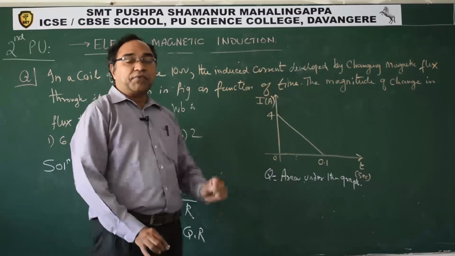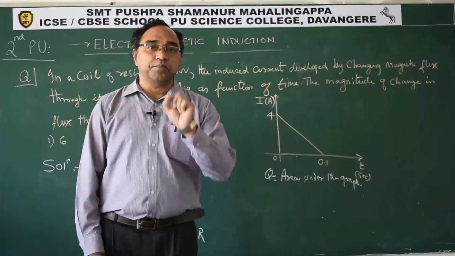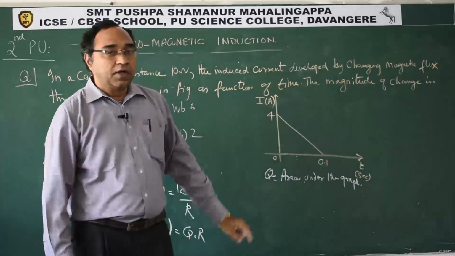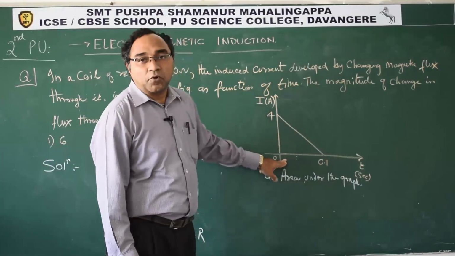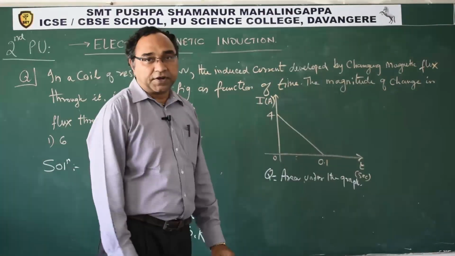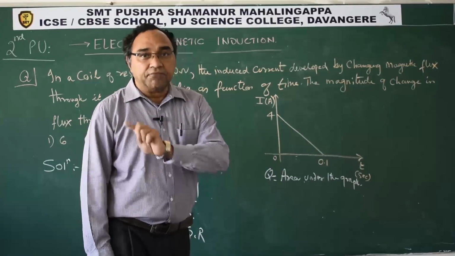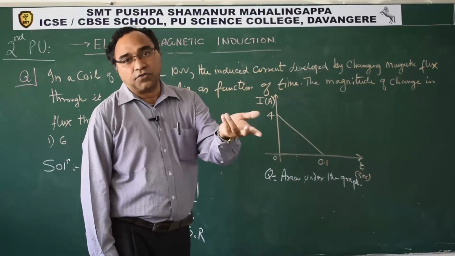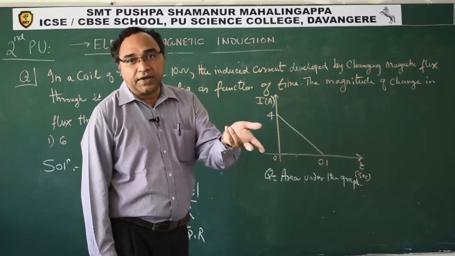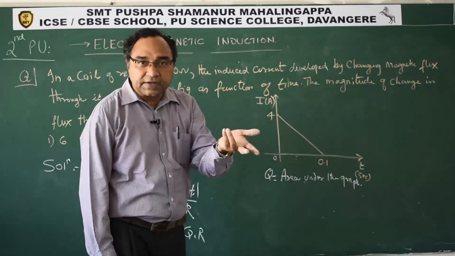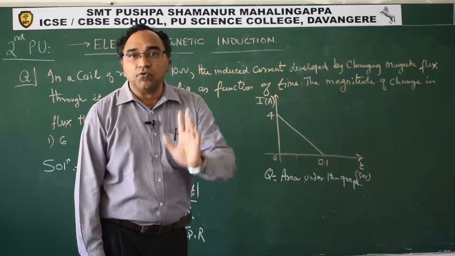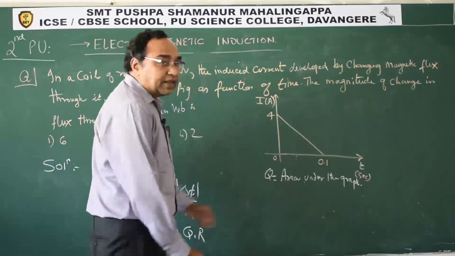Because to find area, we multiply two perpendicular dimensions. Here on the x-axis T is plotted, on the y-axis I is plotted. So if you do I into T, you will get Q, because I is Q by T, or dq by dt, or delta q by delta t. So I into delta t will give you delta q or Q. So, the area under the graph.